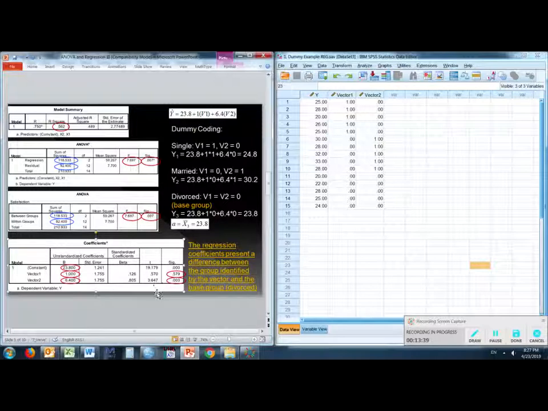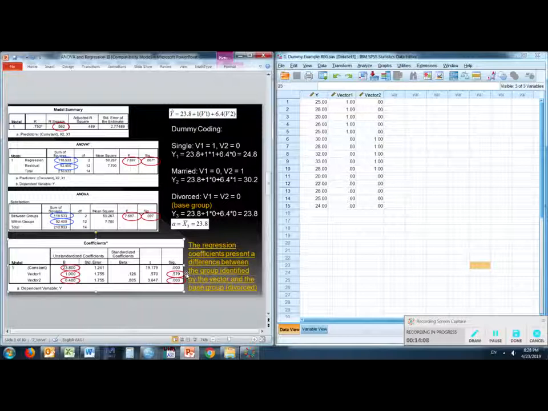And this regression coefficient represents a difference between the group identified by that vector and the base group. Now our base group is the divorced group. Therefore, vector 1, the regression coefficient was 1, and that is 1 above the base group, but it was not significant.